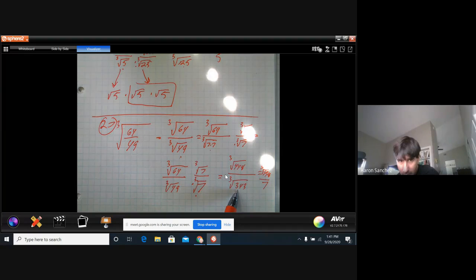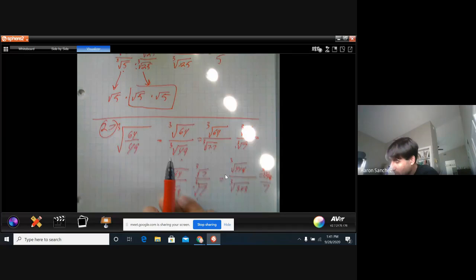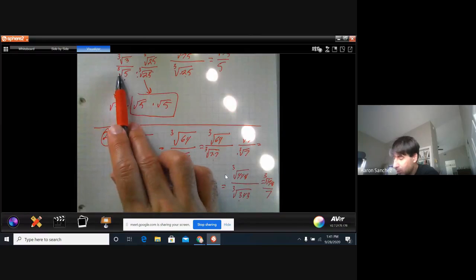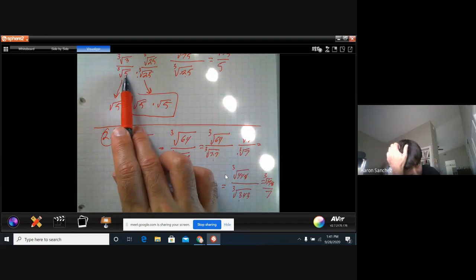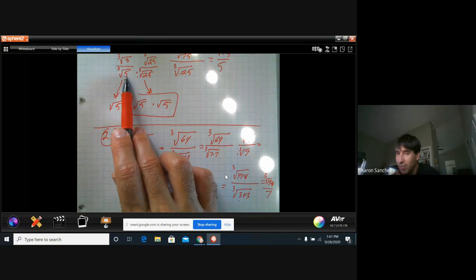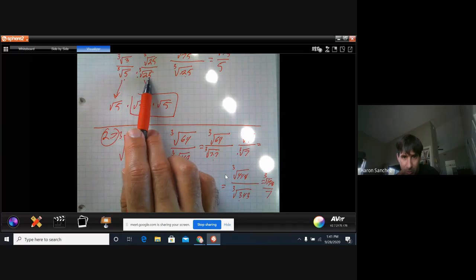Okay, so that's what I did here. I need the cube root of 5, right? But I don't want that. I want it to be perfect, so I need a perfect cube. So I have one 5. How many more 5s do I have to multiply it by? 2. So that's where I said cube root of 25.